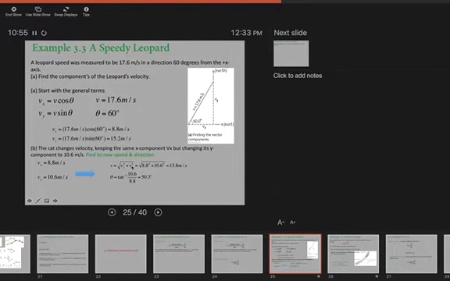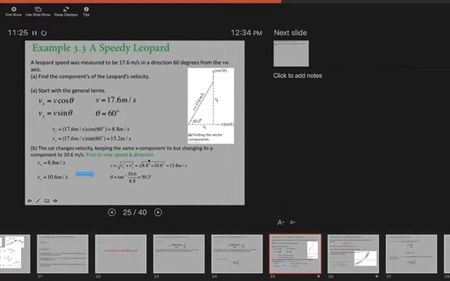This is the scalar that we want. This is the formula for speed in this example. So v is the square root of vx square plus vy square. vx stayed as it is, so 8.8 square plus vy square. What is the new vy? It is 10.6 square, and I get 13.8 meters per second. This is the answer for the new speed.